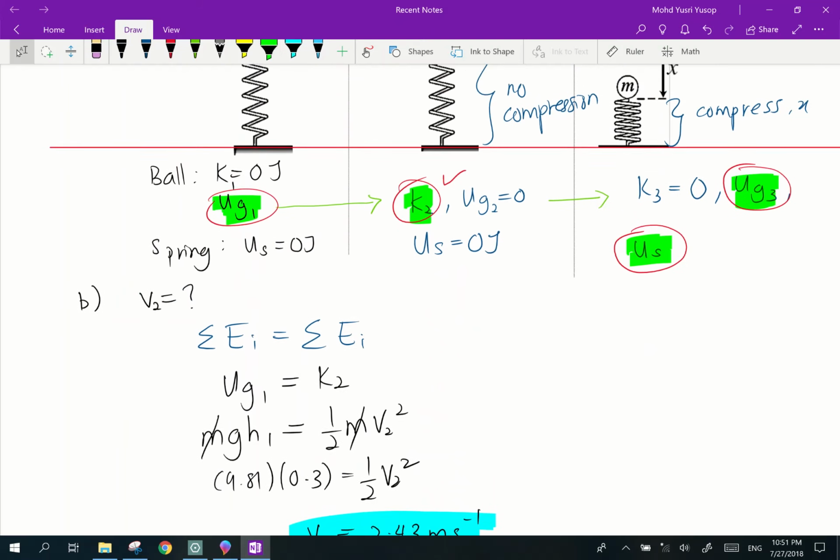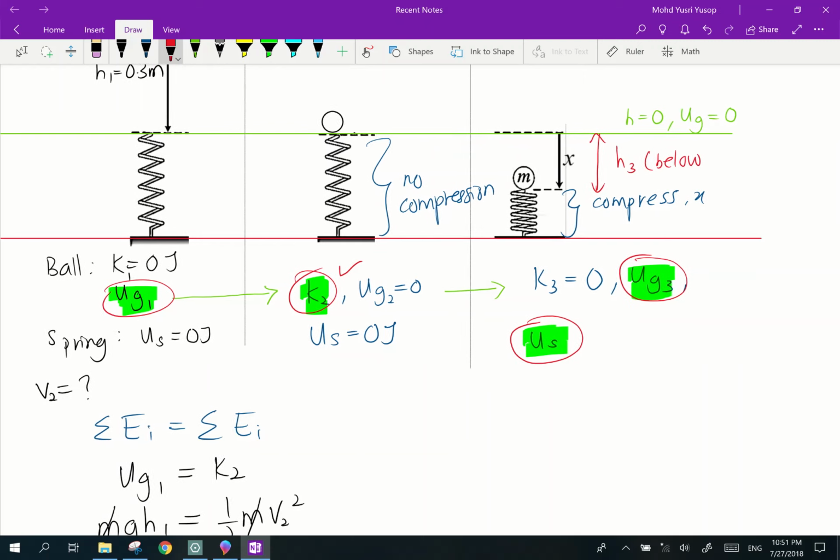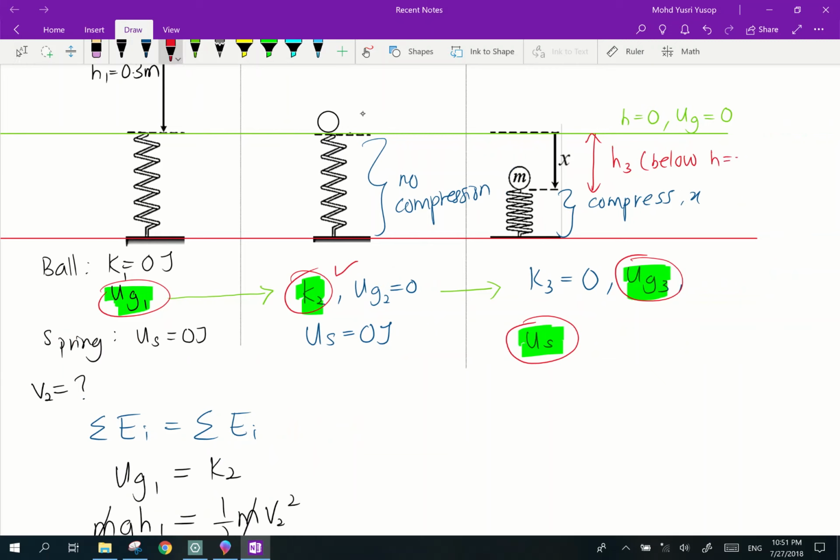Okay, pada diagram yang ketiga, height 3 adalah diukur daripada height 0. So, this is height 3. Okay, now since height 3 is below h is equals to 0, therefore, height 3 is negative. Okay, height 3 berada di bawah height 0, ataupun UG0 ada ke atas, bawah dia nanti UG akan jadi negative.